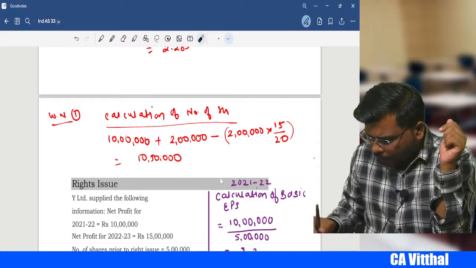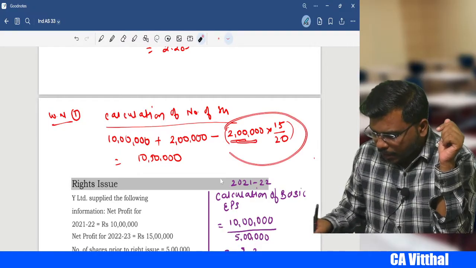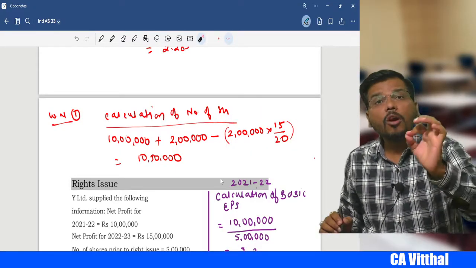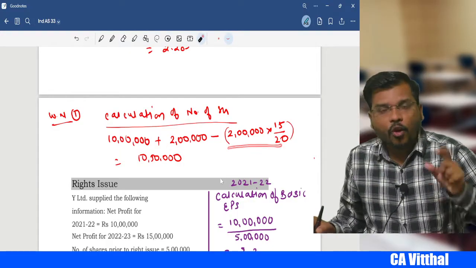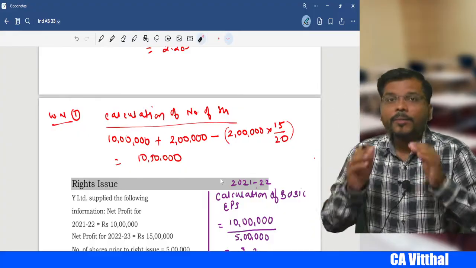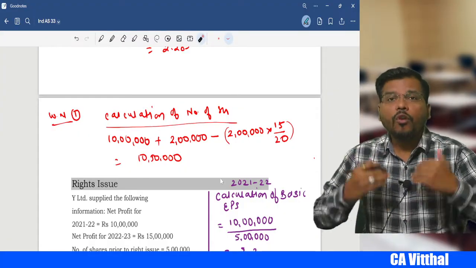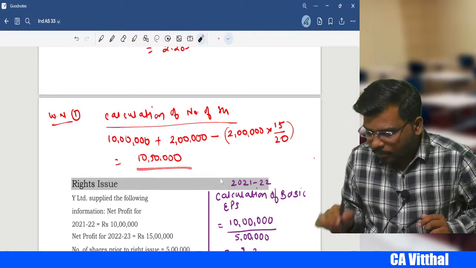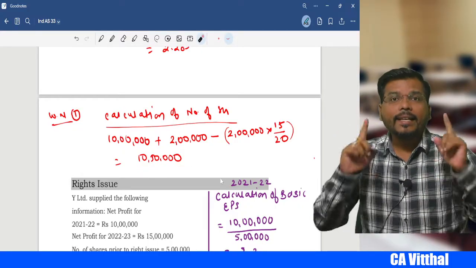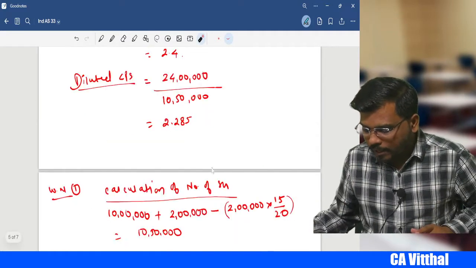So 15 by 20 into 2 lakh gives the shares issued for consideration of cash. Total shares minus shares issued for cash gives the balance, which is shares issued for consideration other than cash, which is 50,000. So 10 lakh plus 50,000 is 10 lakh 50,000, which is the weighted average number of shares.